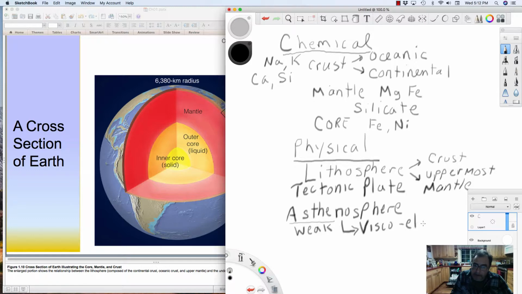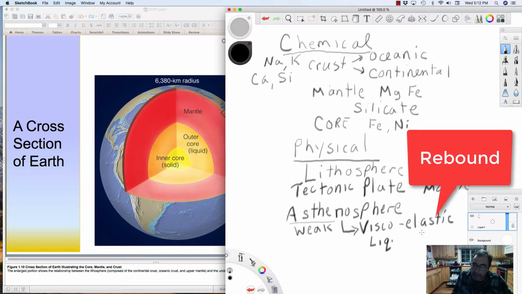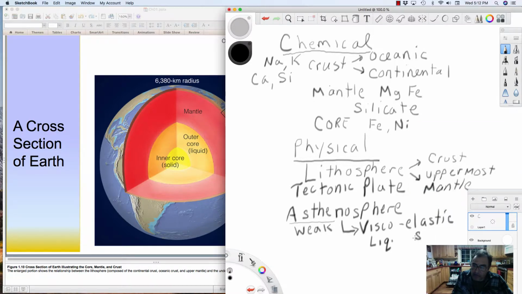When I say the word visco, I mean it can flow like a plastic. So it has a liquid property, right? But elastic means it bounces back, which is a solid property, right? So the asthenosphere behaves like a solid and a liquid at the same time. So it's kind of a strange type of material, a non-Newtonian type of material.